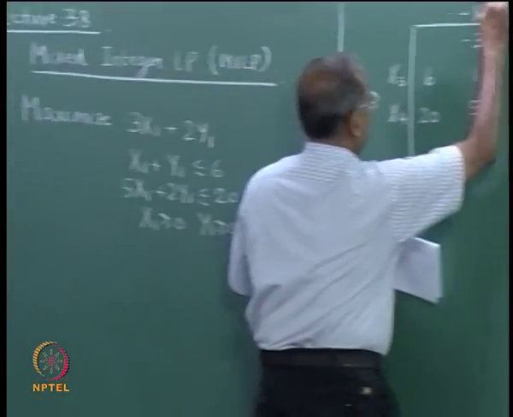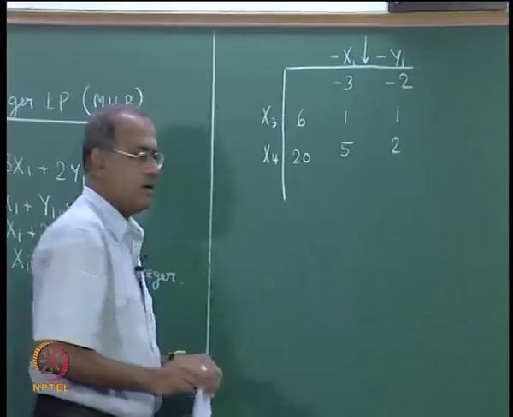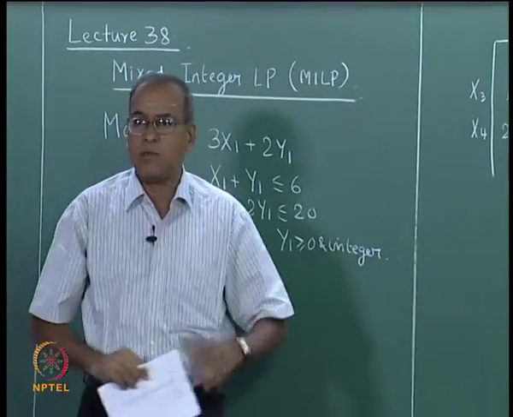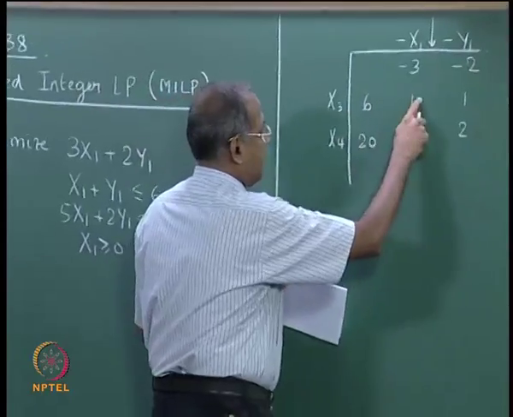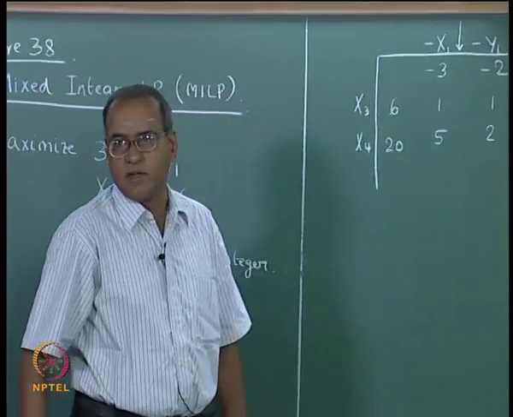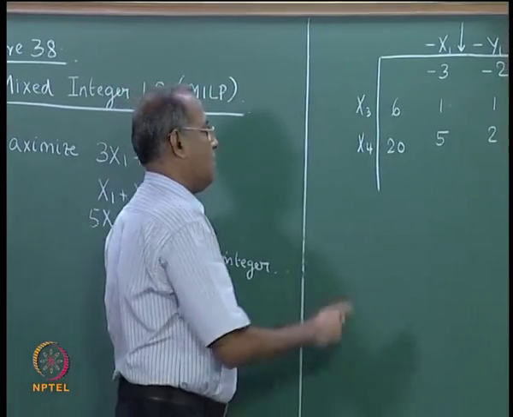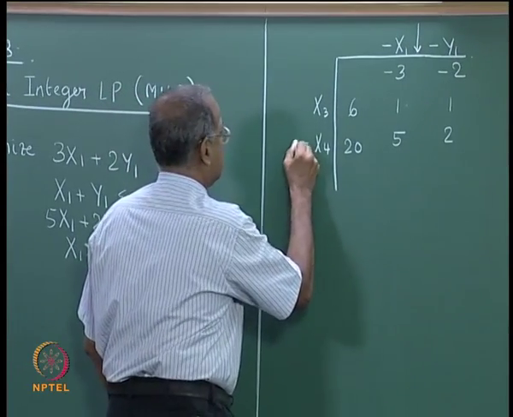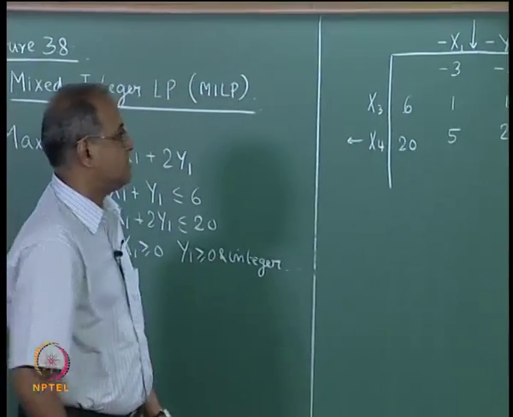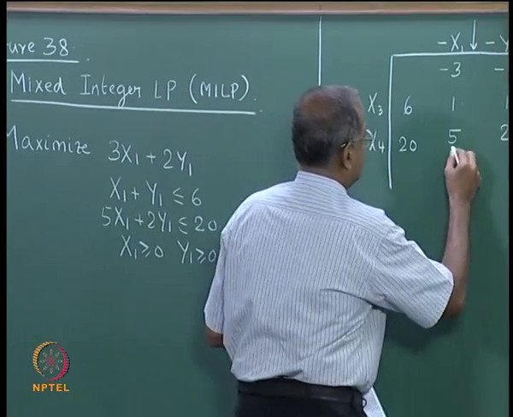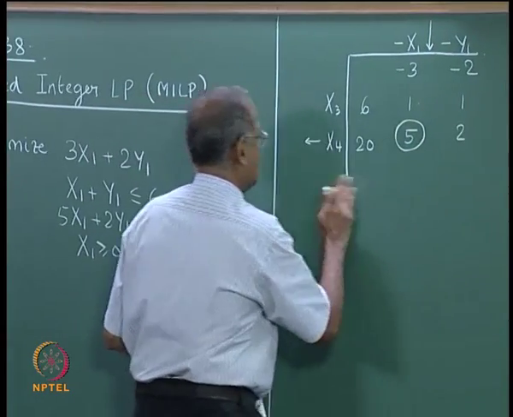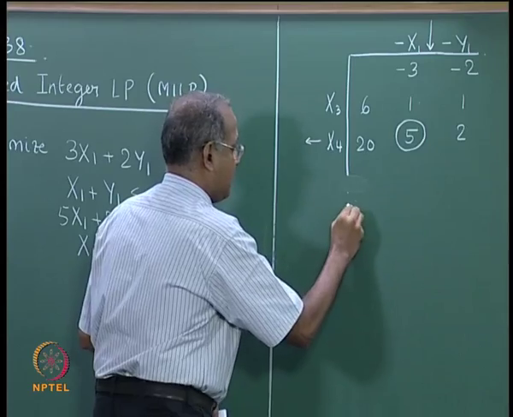So, the variable x1 will enter the solution and then we find out the minimum ratio. 6 divided by 1 is 6, 20 divided by 5 is 4. So, this will be the leaving variable and this will be the pivot. The next iteration will be like this.